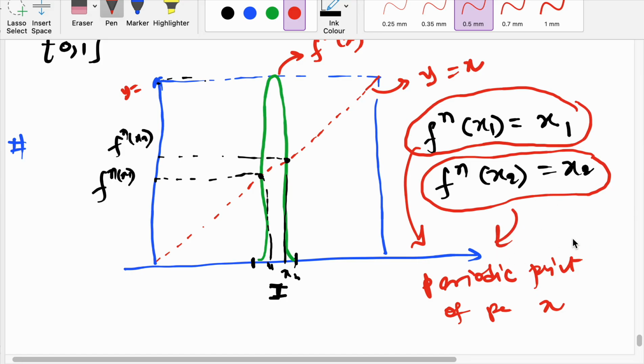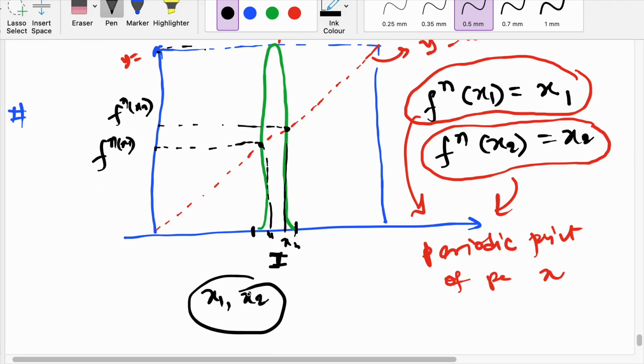So now we know that in this interval there are two periodic points, one is x1 and one is x2. That means it satisfies our definition of dense. Whatever interval I choose, I will get at least two periodic points. So the periodic points in this interval are very dense.